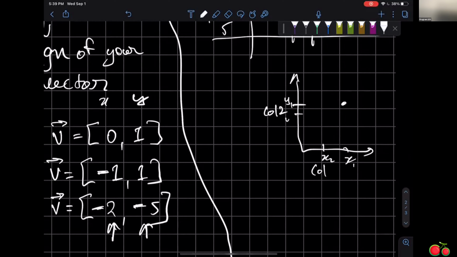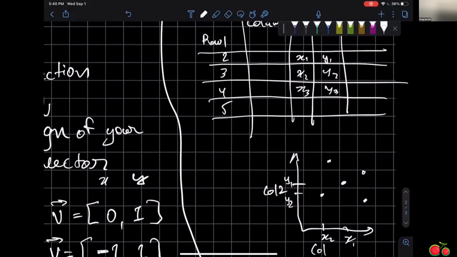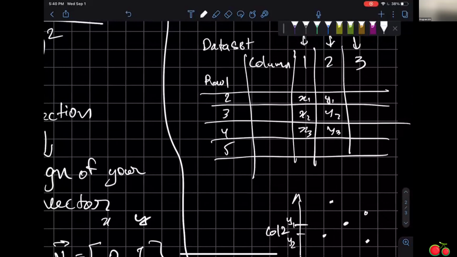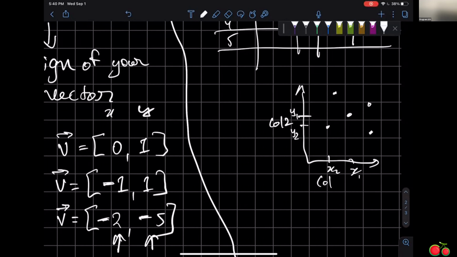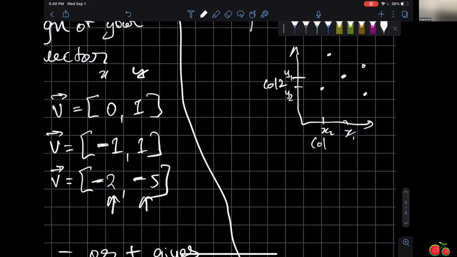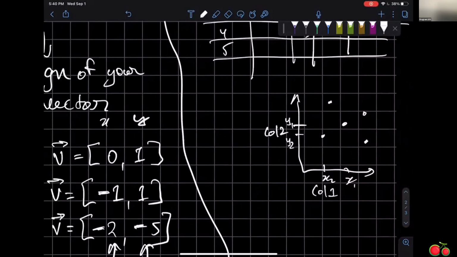It'll be x2, y2, some other point, some other point, some other point. So those are my 5 points, so I have my 5 rows of data. Each point here corresponds to 1 row of data. Okay. So now I can have in a data set multiple columns.